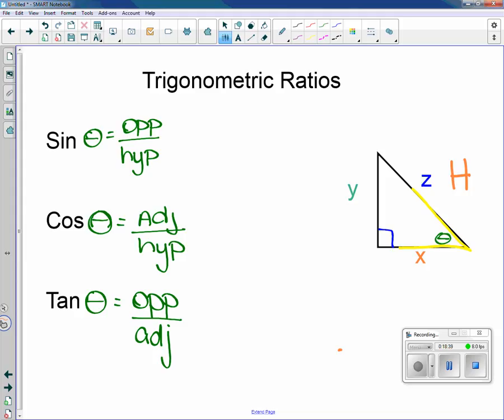Because it is the other side highlighted and next to the angle I'm talking about. And then what is this represented by? The opposite. So if I was to look at this, this would be Y over Z. Are you with me? This one would be X over Z. And the last one would be Y over X.